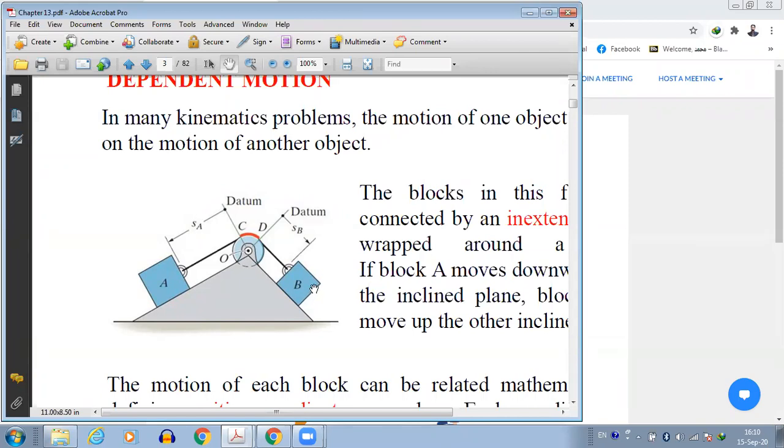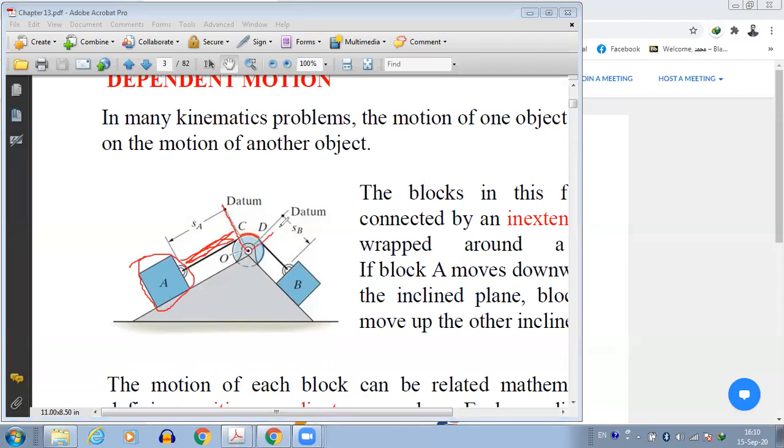So the first point was to specify the fixed reference. It could be one fixed reference, it could be more than one, but whatever reference we select, it must be a fixed one. It should not be a movable one. Second point, draw the datum lines. So here, this is a datum line for this particle because the motion is perpendicular to it.